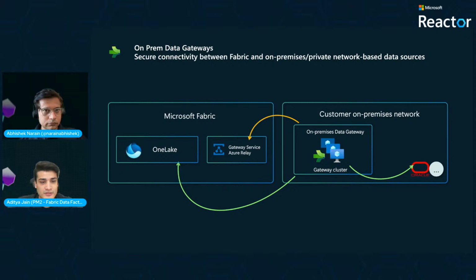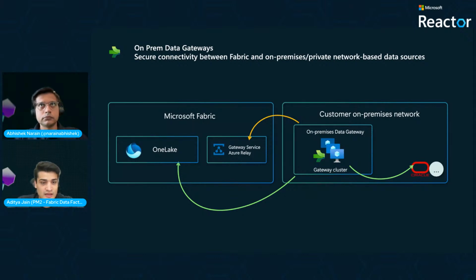Behind the scenes, you can think of the flow as follows: a user initiates a data request from Fabric, for example, for generating a Power BI report. The gateway uses the gateway service Azure Relay channel. The request is securely routed through that Azure Relay channel to the gateway, which, as we know, resides inside the on-premises network.